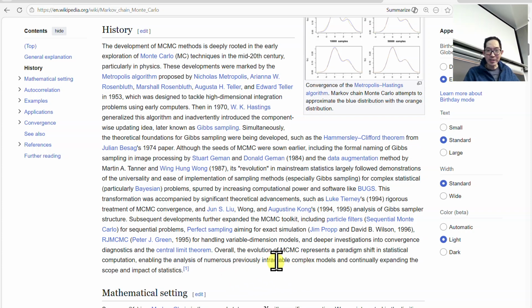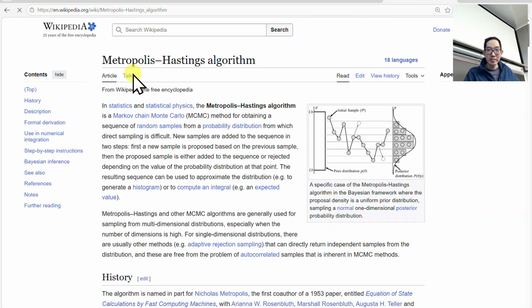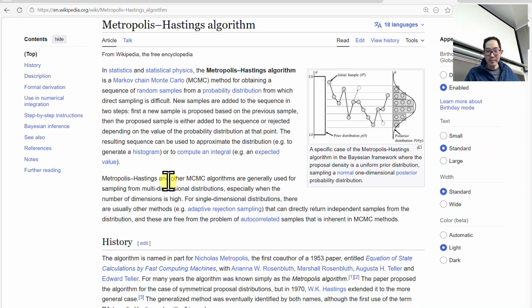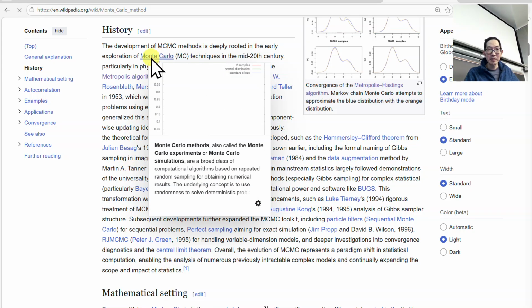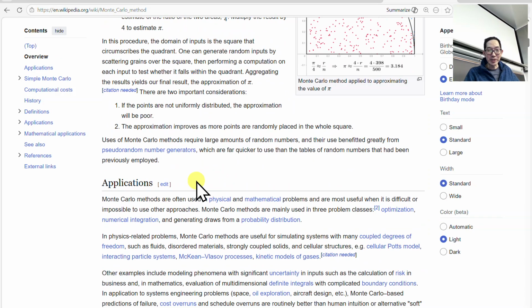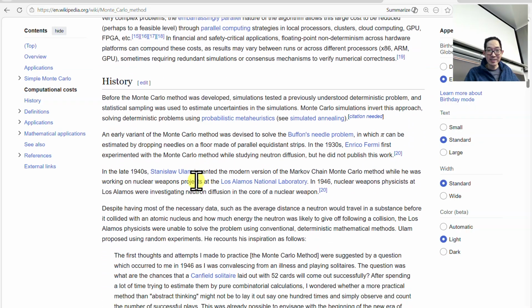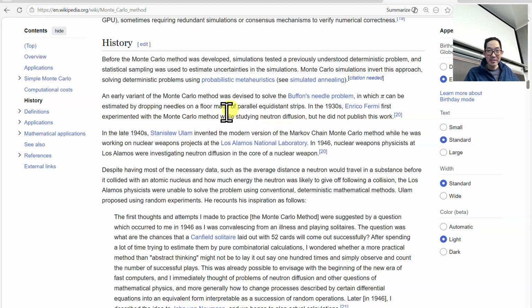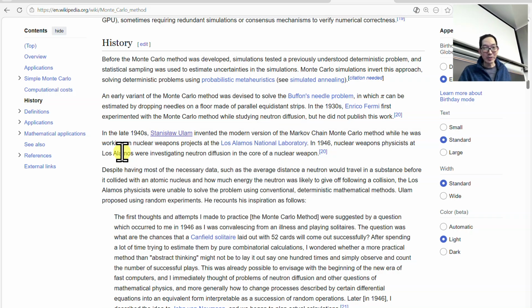The Metropolis algorithm, Monte Carlo methods. Somewhere along the way, there's a history. It's named after this man, Stanislaw Ulam, who was working on nuclear weapons during the Manhattan Project.